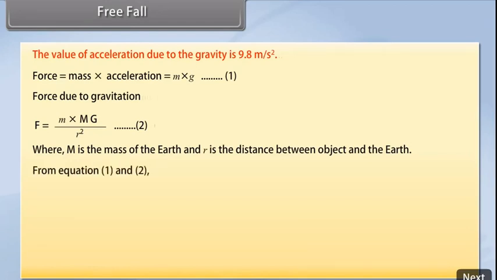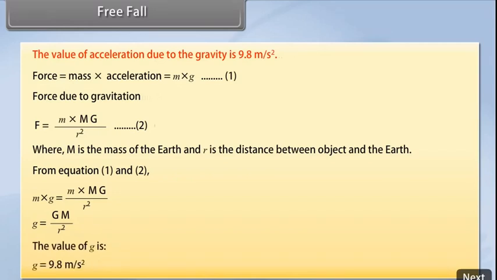From equation 1 and 2, m into g is equal to G M m upon r square. g is equal to G M upon r square. The value of g is equal to 9.8 meter per second square.